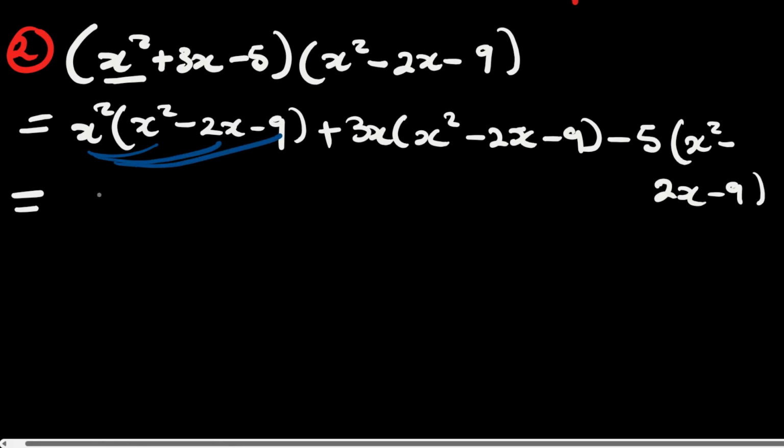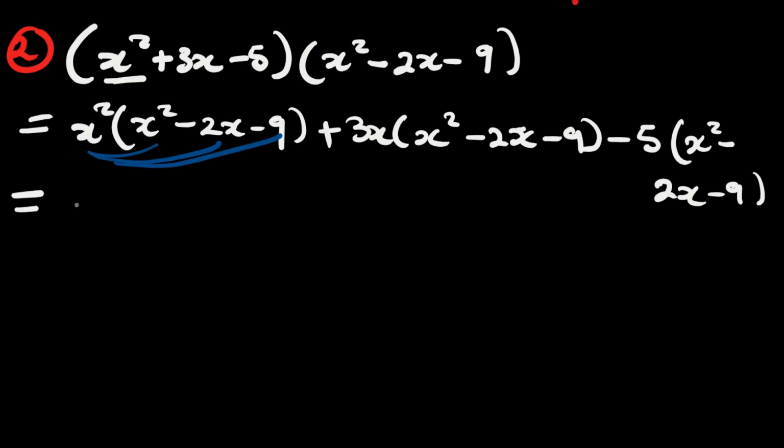So it's x squared multiply x squared, it's x to the power 4. x squared multiply negative 2x, this is negative 2x to the power 3. Then x squared multiply negative 9, this is negative 9x squared. Now we're moving to this one here.